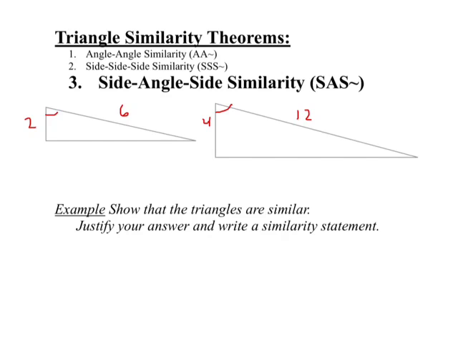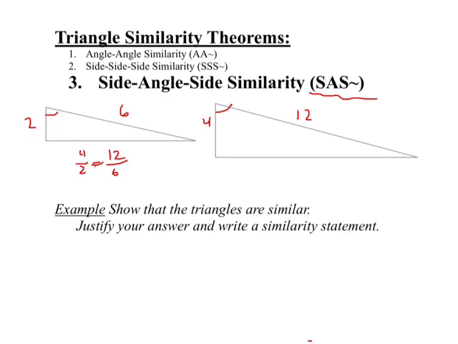If we know that these two sides are proportional here, like this 4 is 2 times bigger than this 2, this 12 is 2 times bigger than the 6, so the sides are proportional. 4 over 2 is the same as 12 over 6. And we know the angle between them, then we can say the triangles are similar by side angle side similarity.